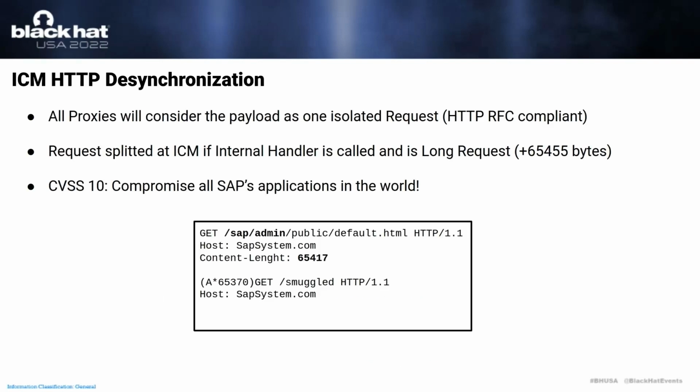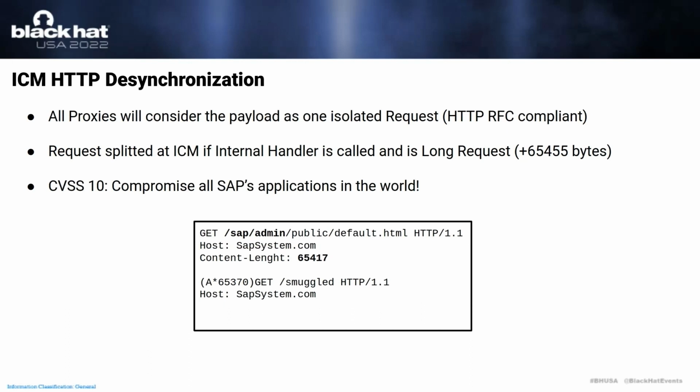If you know something about HTTP desynchronization, then you will know that this is a big vulnerability, because we are going to be able to desynchronize any ICM, or the communication between a proxy and an ICM, in any case. That is because this request that we can see in the slide has nothing strange. It's completely RFC compliant.